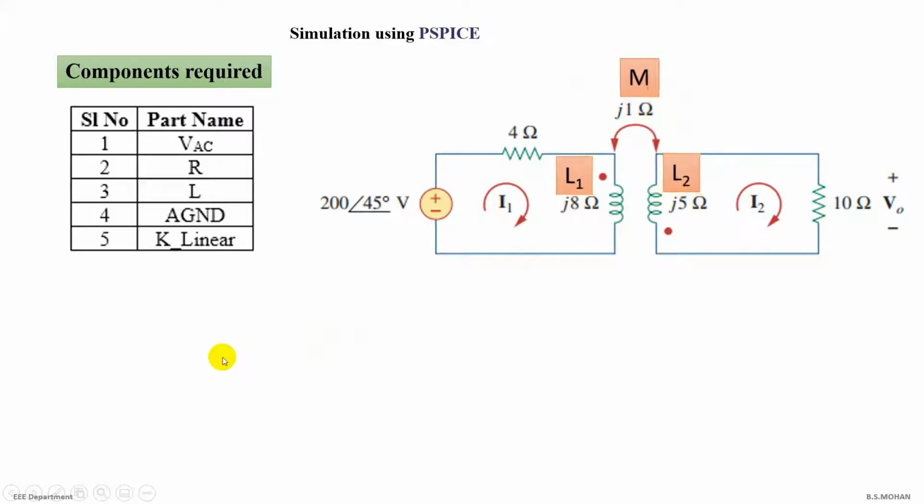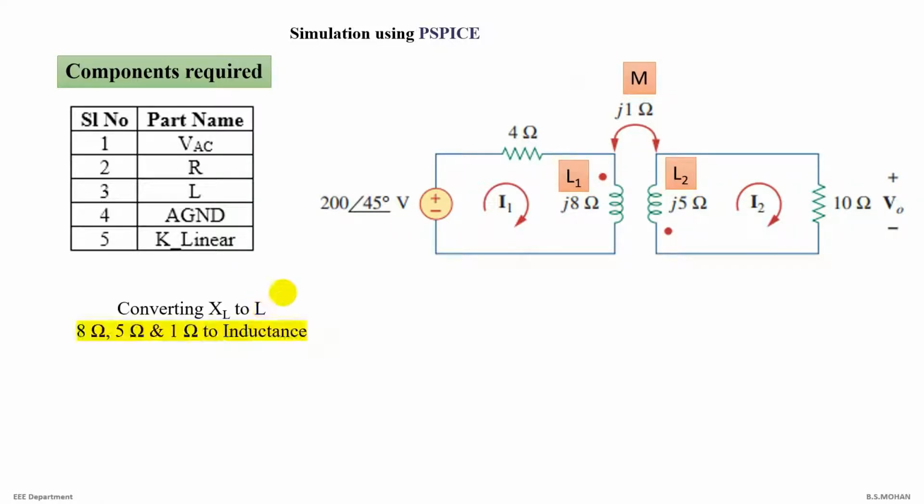As the PSpice software cannot read ohmic values for the inductors, we have to convert XL to L. So to convert XL to L, we have the formula XL by 2 pi into 50, where 50 is the frequency.